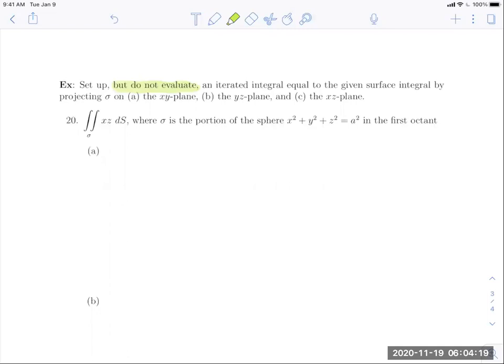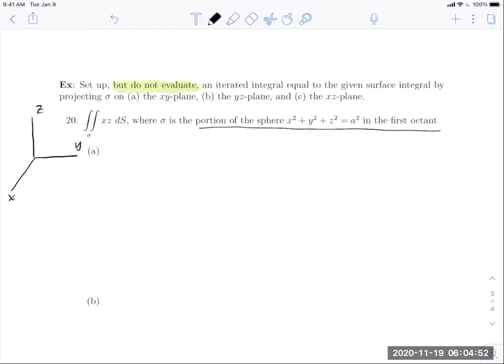So first of all, let's go ahead and just sketch what our surface looks like. Okay, so we have that our surface is the portion of the sphere in the first octant. So here again, the first octant means that we only care about the positive x, positive y, and positive z. So it's going to be that portion of 3 space that's coming out of the plane of the page, given these coordinate axes that I just drew.